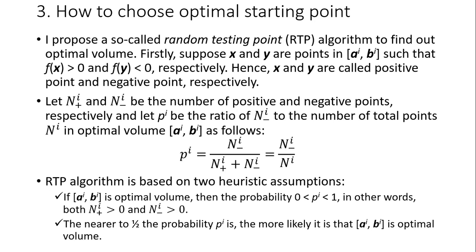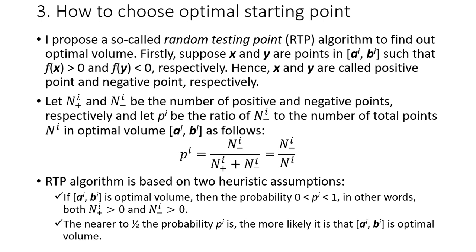I propose a so-called random test bond, RTP, algorithm to find the optimal volume. Firstly, suppose S and Y are bonds in the volume AI, BI such that F(S) is larger than 0 and F(Y) is smaller than 0 respectively.